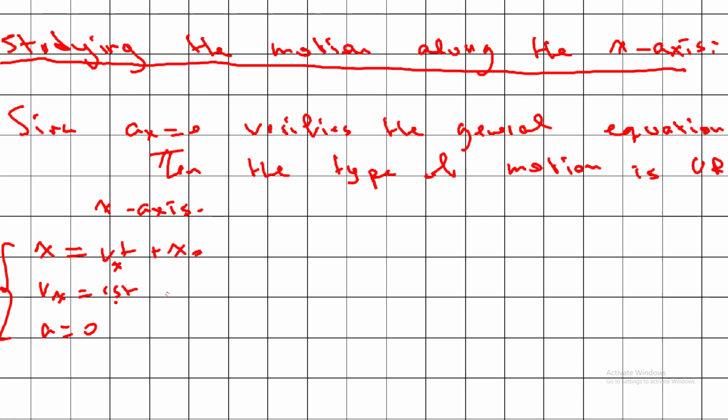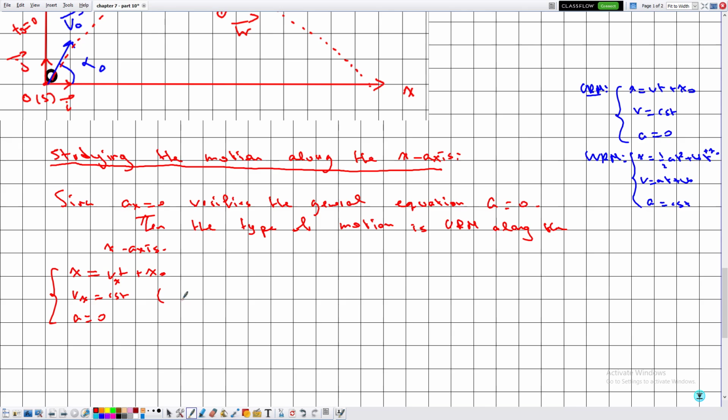Now notice that vx is equal to constant, which means that the speed along the x-axis remains constant all along the trajectory.